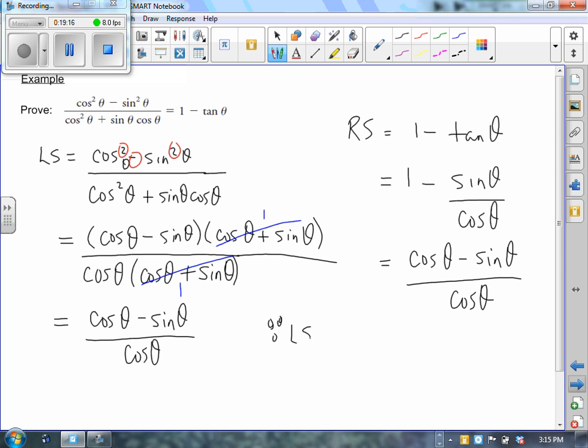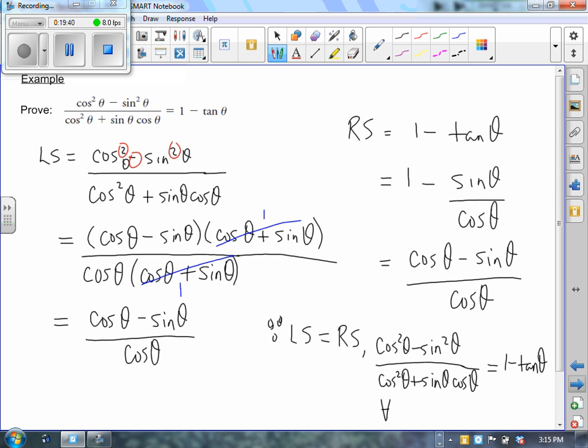since the left side equals the right side, we know that that identity, cos squared theta minus sine squared theta, all of that over cos squared theta plus sine theta cos theta, it's getting quite lengthy, is equal to 1 minus tan theta for all values of theta belonging to R. Okay?